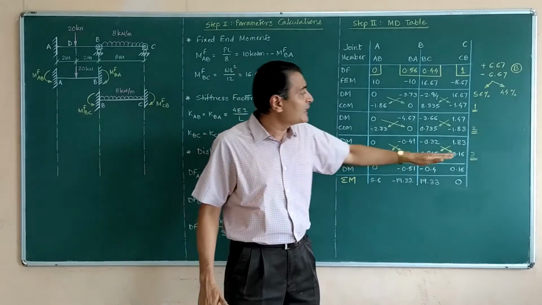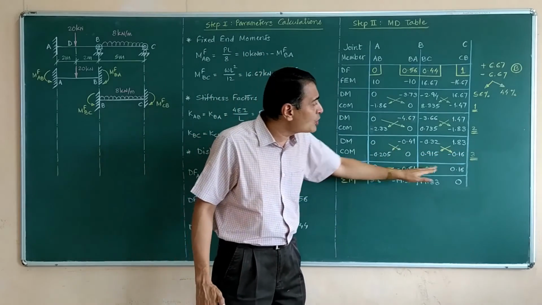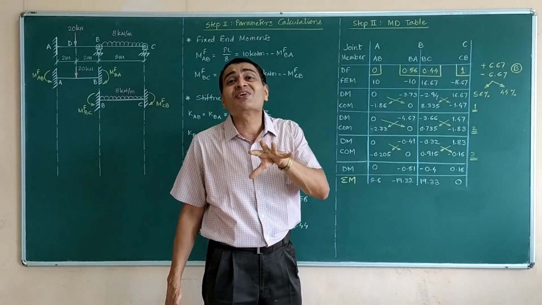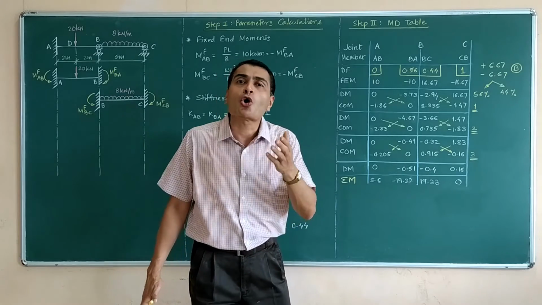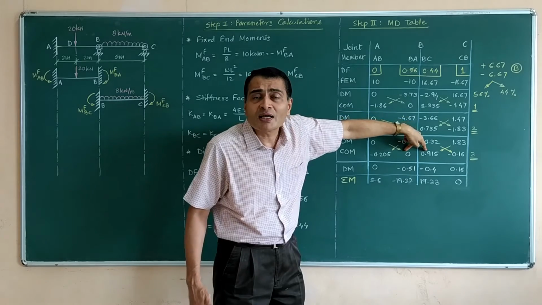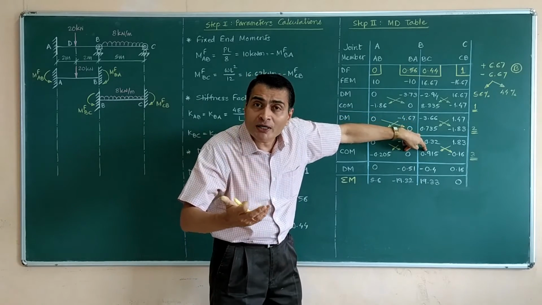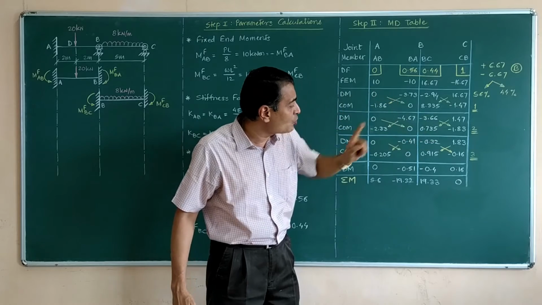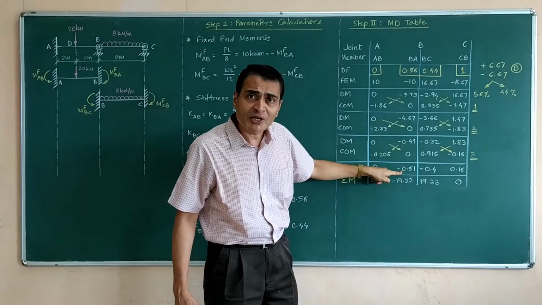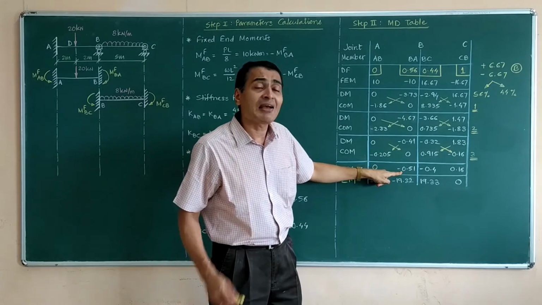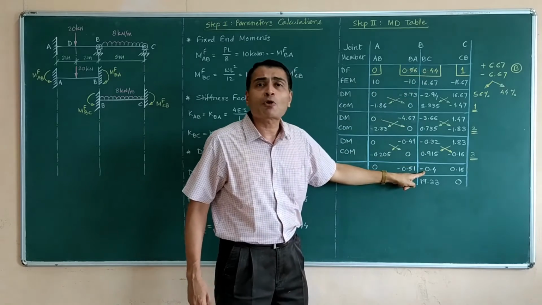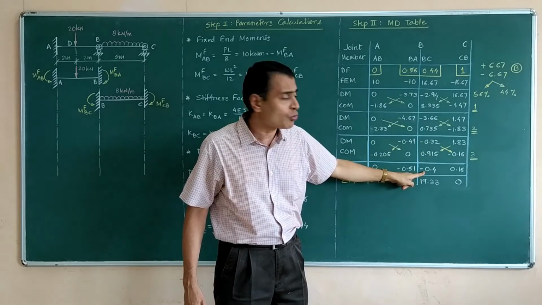So after completing 3 cycles, I am distributing the moments and I am just checking whether my answer has converged or not. So this difference is of 0.915. So I apply negative 0.915. It gets distributed as negative 0.915 multiplied by 0.56, that is negative 0.51, and negative 0.915 multiplied by 0.44, that is approximately negative 0.4.